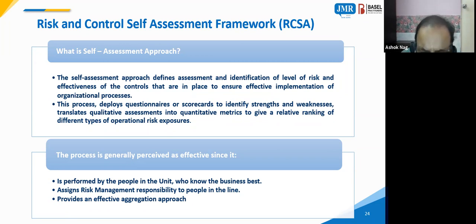Generally, how does the risk control self-assessment process start? You identify all processes and what kind of risk can happen. For example, you are onboarding a customer and you have KYC norms, many important things.